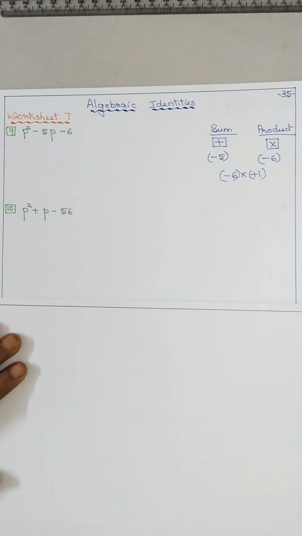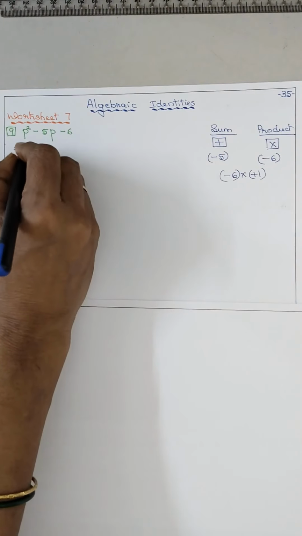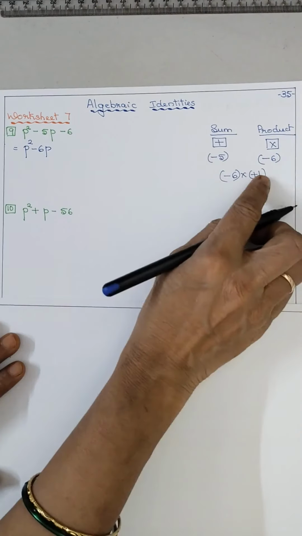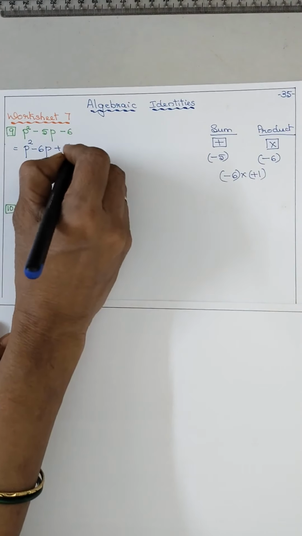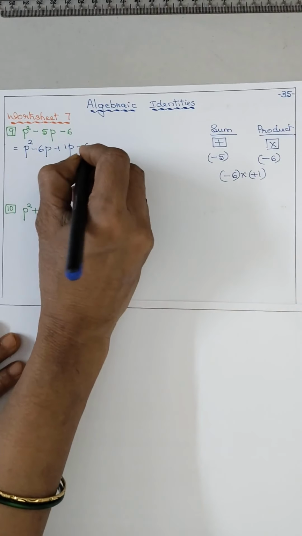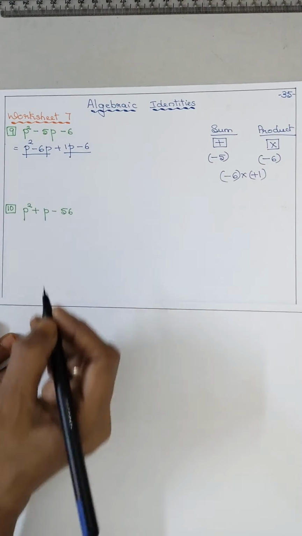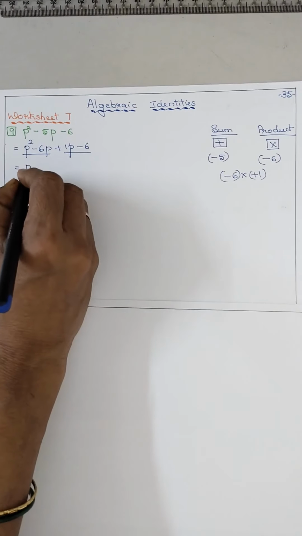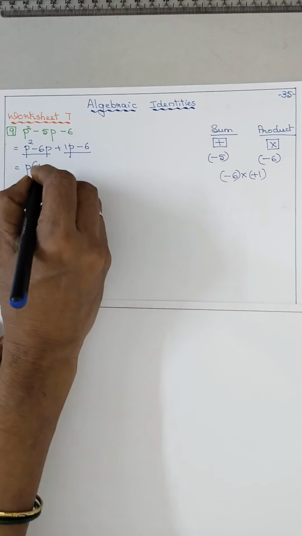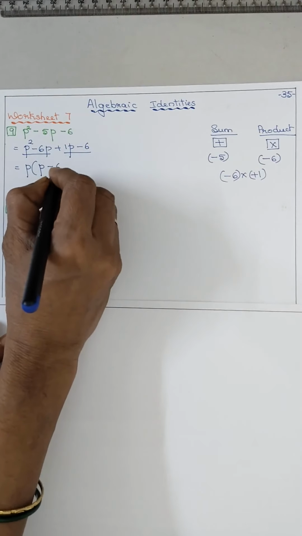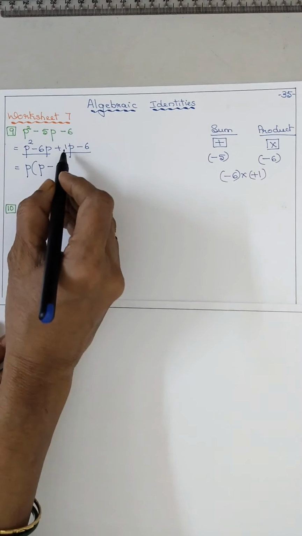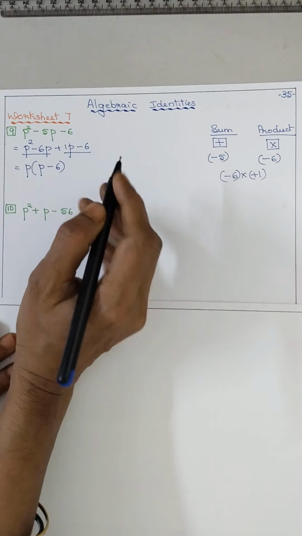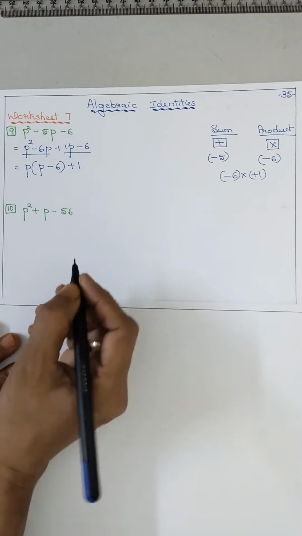Now p squared minus 6p plus 1p minus 6. Underline the first 2 and then the last 2. p is common, so p remains minus 6. Now 1 and 6, it is only 1.